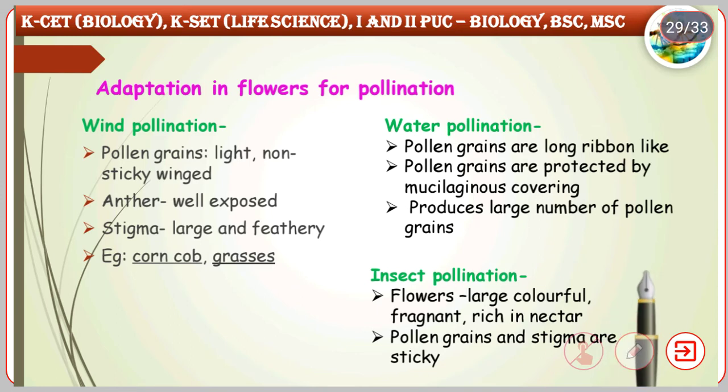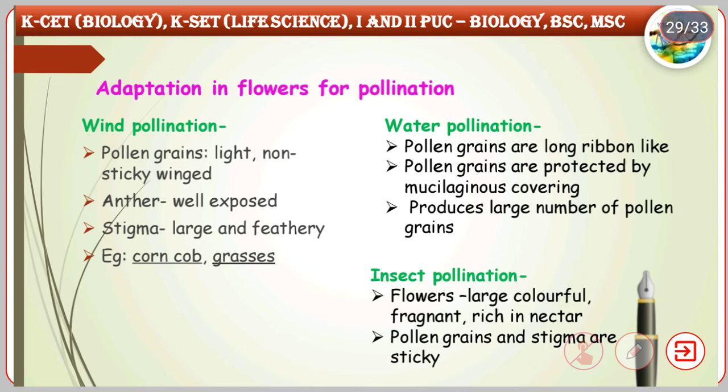Okay, so next let us move on to insect pollination. In insect pollination, the flowers are very large and colorful and fragrant, nothing but smelly, and the odor is very good, and rich in nectar, means like honey.